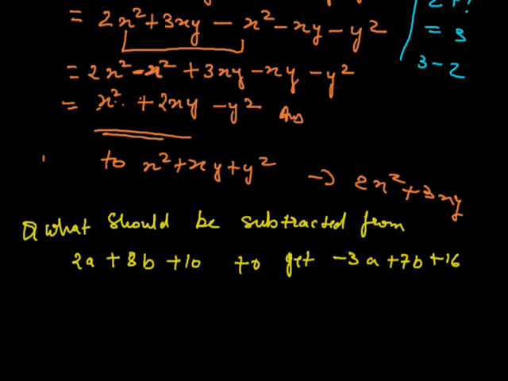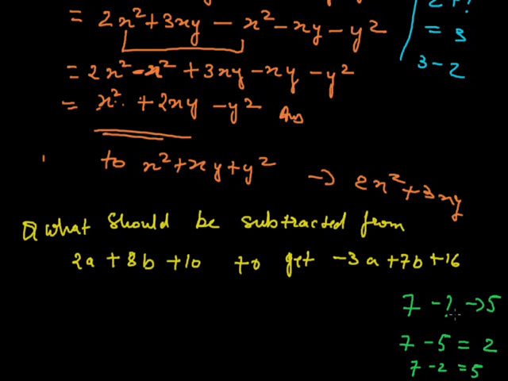Now if I say what should be subtracted from 7 to get 5, we can just simply subtract 5 from 7 and we will get 2. Now you can check, when we subtract 2 from 7 we get 5.